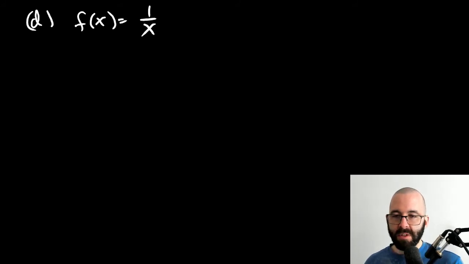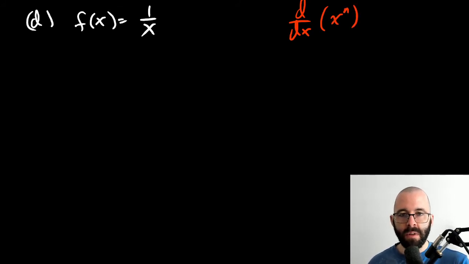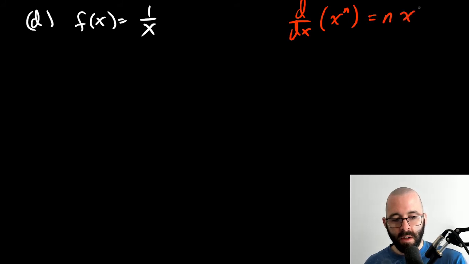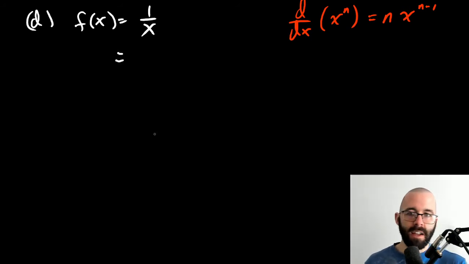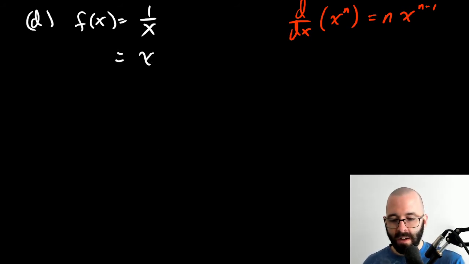Let's do two more. f of x equals the reciprocal function, 1 over x. And again, this doesn't look like it's in the right form. We should be looking for the derivative, to use the power rule, of x to some exponent. But it's not written in this format, so we need to rewrite this function. Rewrite f of x before we can even take the derivative. This is x to the negative first power.